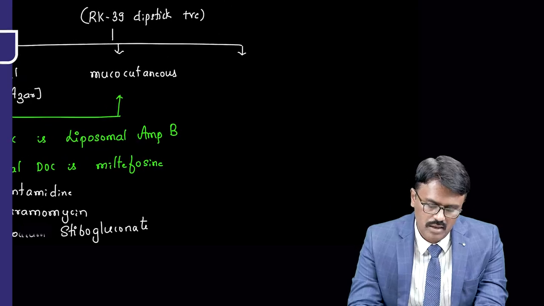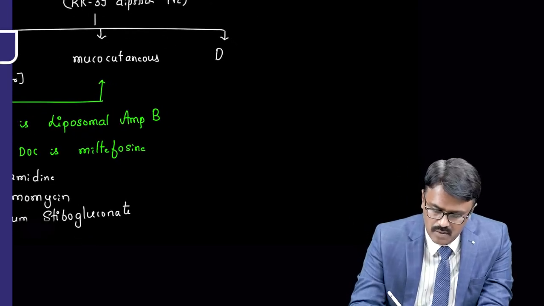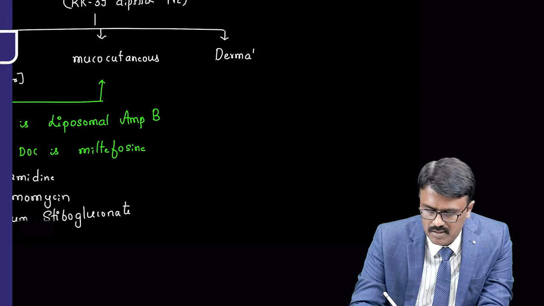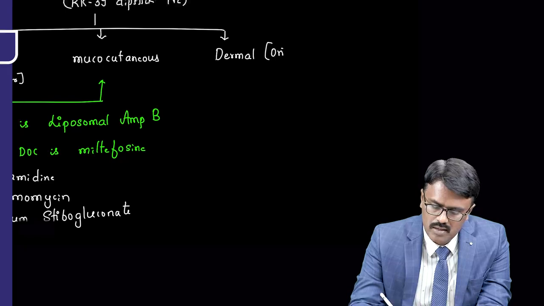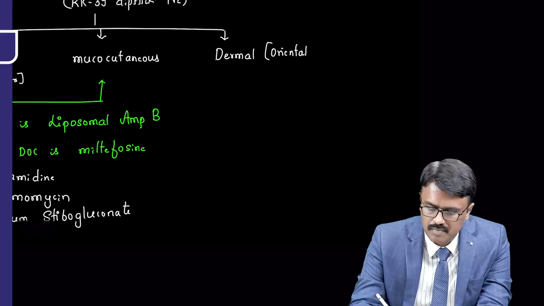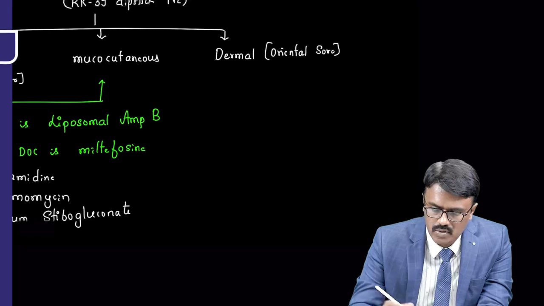Now moving on to another type of leishmaniasis, called dermal leishmaniasis. It's a mild variant. It's also called oriental sore. So it's a mild sore.